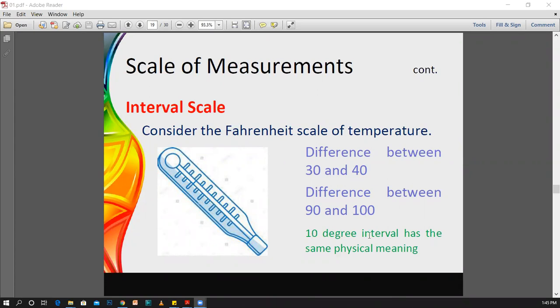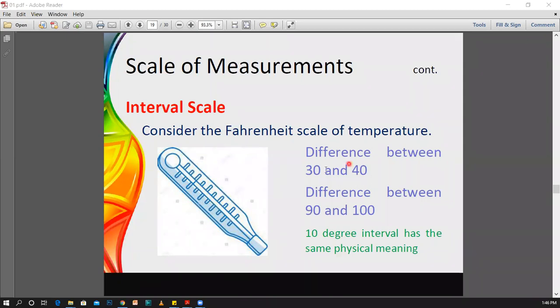In between 30 and 40, you have 10 degrees. In between 90 and 100, again you have 10 degrees. Therefore, that 10 degree interval has the same physical meaning.